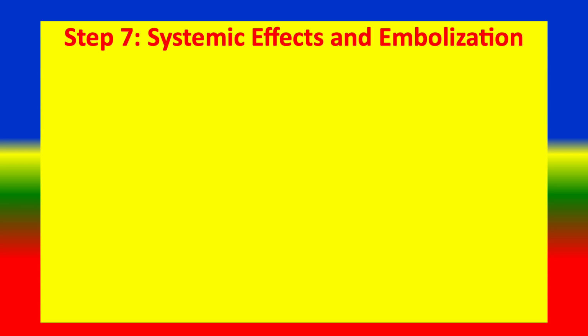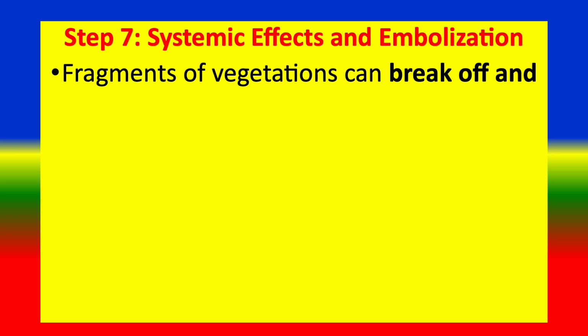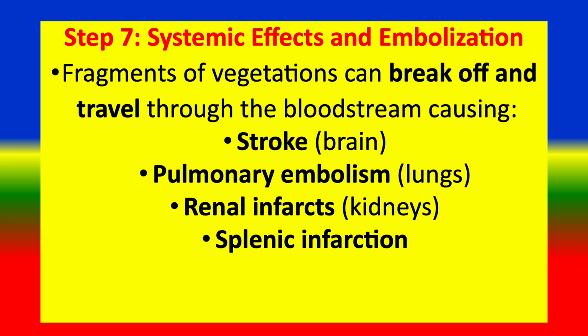Step 7, systemic effects and embolization. Fragments of vegetations can break off and travel through the bloodstream, causing stroke in the brain, pulmonary embolism in the lungs, renal infarcts in the kidney, and splenic infarction.